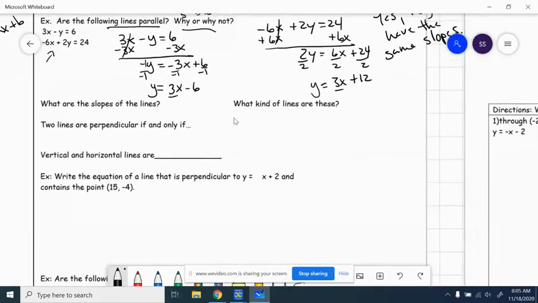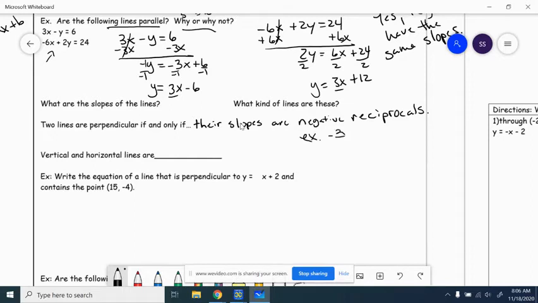Okay, so two lines are perpendicular if and only if their slopes are negative reciprocals. Okay, and so an example of that would be if you have, let's say, -2/3, the negative reciprocal, or I always say the opposite reciprocal.